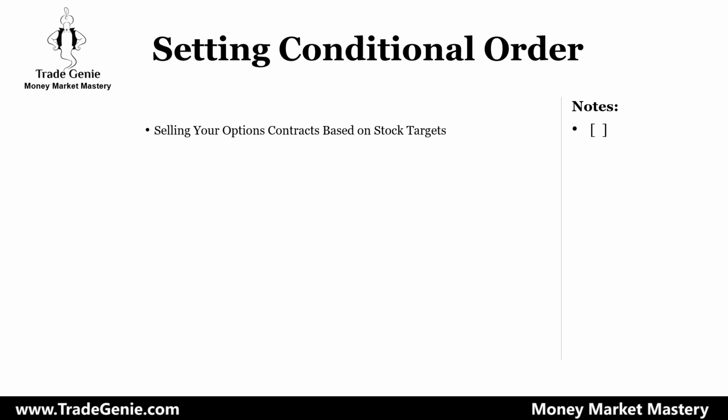It could even be that you have Apple calls, and the event is when QQQ hits this target, sell my Apple calls. Or by market close, sell my Apple calls. Or sell my Apple calls when Baidu hits 100. You can use all kinds of techniques for conditional orders, but to be simple, you're selling your option contract when the stock target hits.